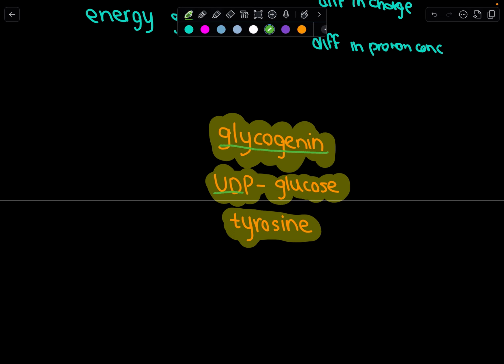No problem. Let's make glycogen synthesis crystal clear, step by step. Glycogen synthase can't start a glycogen chain from scratch, so it needs a starting point. Glycogenin, a special protein, kicks things off by attaching a glucose from UDP glucose, an activated glucose molecule, to a tyrosine, an amino acid on itself, like sticking a sugar to its own arm. Glycogenin keeps adding a few more glucoses from UDP glucose to make a short chain.